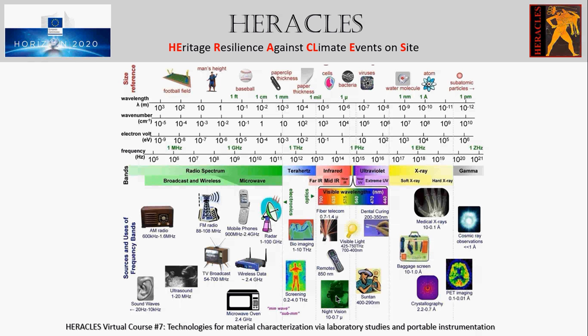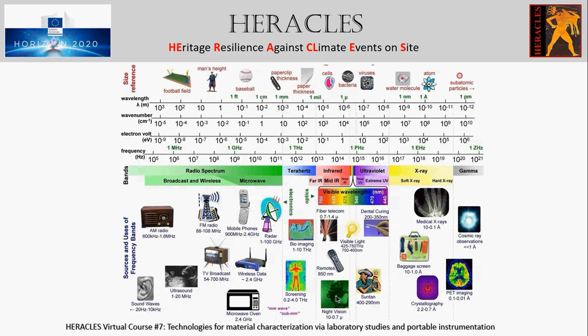So we should first start by seeing the range of the electromagnetic spectrum. We are of course used to some parts of this electromagnetic spectrum, namely the visible wavelength region.